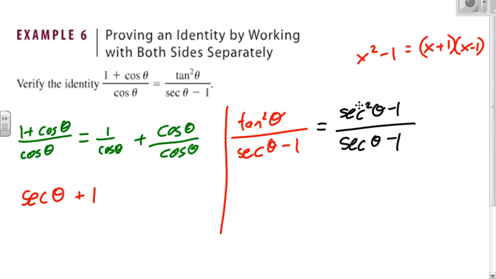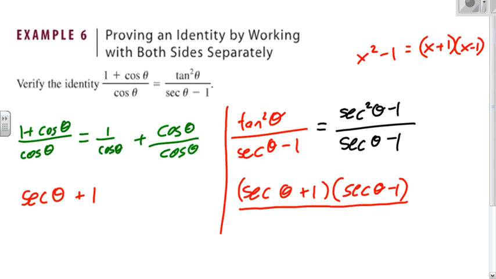So that means our numerator here can factor to be secant plus 1 times secant minus 1 over secant minus 1. So our secant of theta minus 1 cancels on top and bottom. So we're left with secant of theta plus 1 equals secant of theta plus 1. Done.